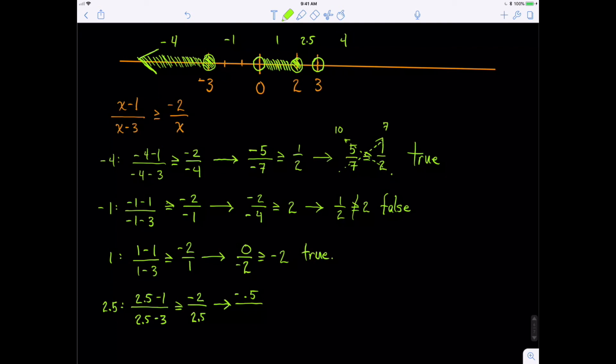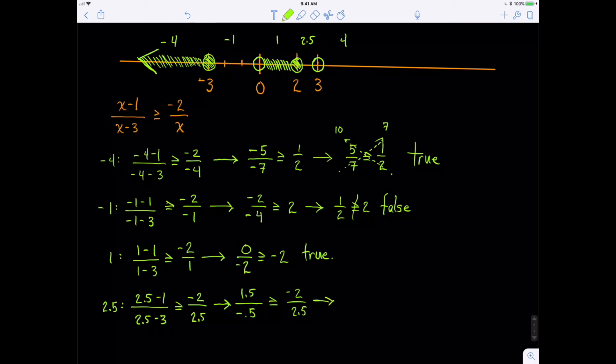Oh, no, I'm sorry. Let me fix that. Okay, my numerator is going to be 1.5. My denominator is going to be negative 0.5. And the question is, is that greater than or equal to negative 2 over 2.5?